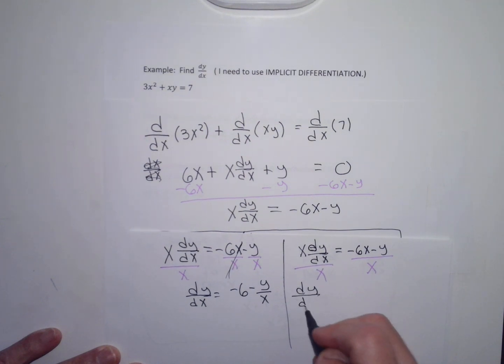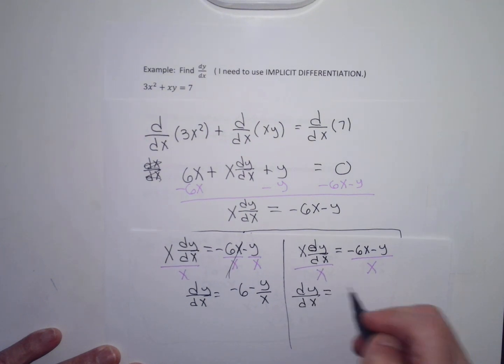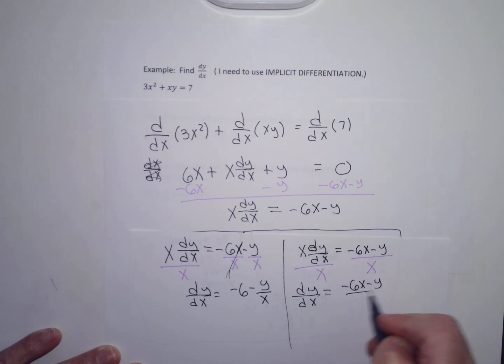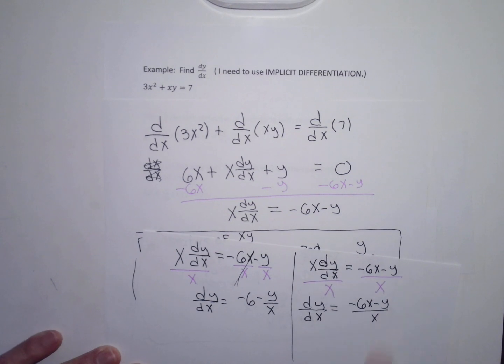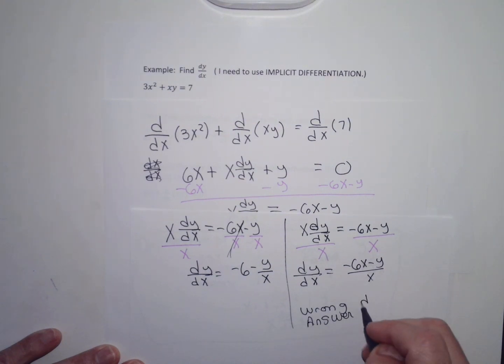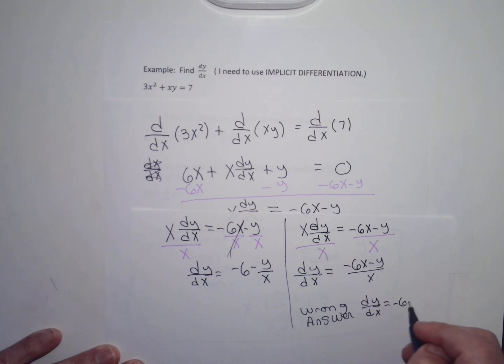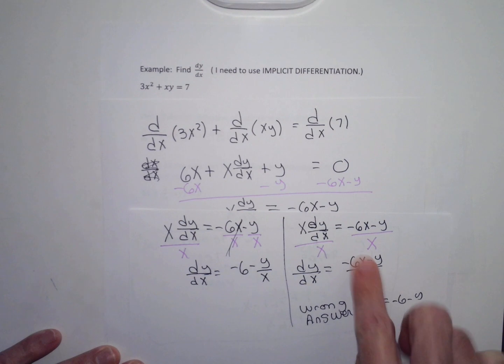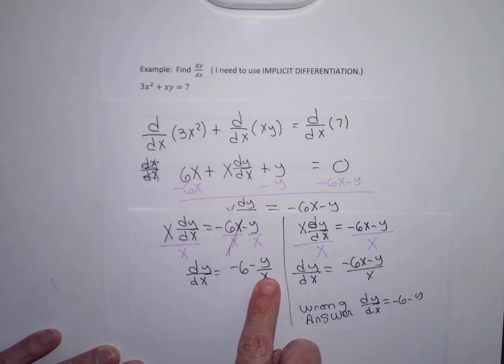And if you write it this way, and you put the entire right side under a fraction, what you can't do is just reduce the x. The common mistake when students write the answer in the second way is they cancel the x's right now, and they would write dy dx equals negative 6 minus y by just canceling the x how it's written, but that y needs to have an x under it.